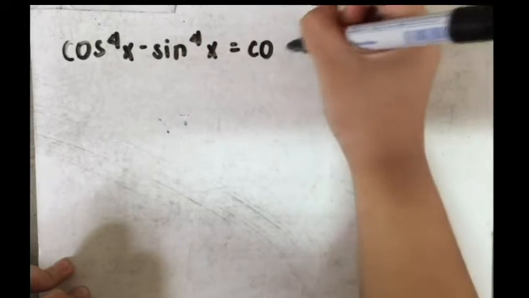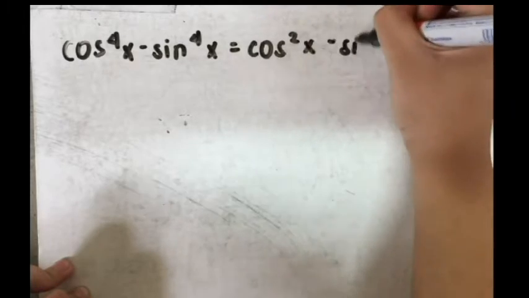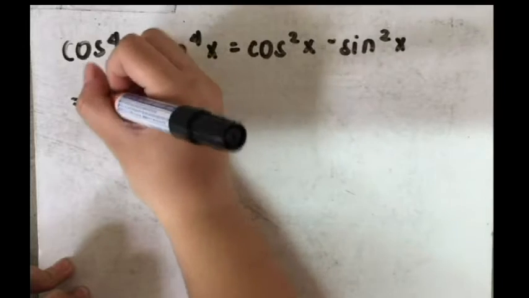So the given is cos to the fourth power x minus sin to the fourth power x is equal to cos squared x minus sin squared x.